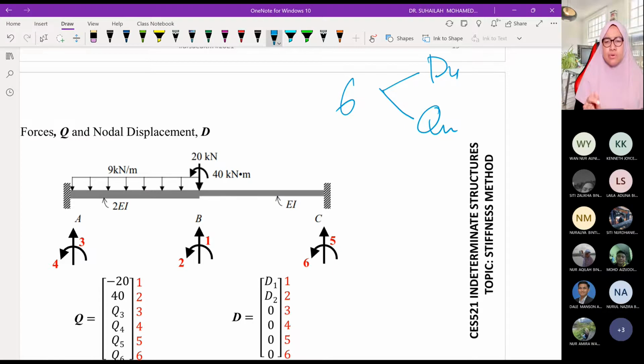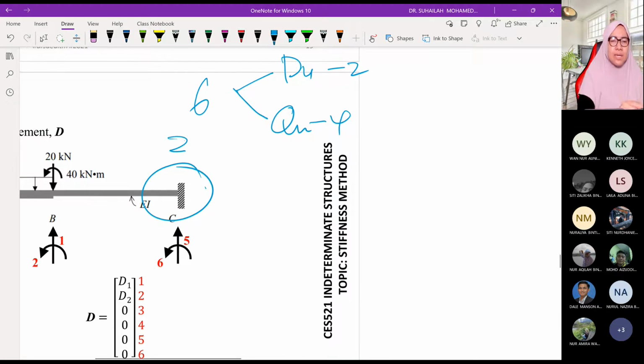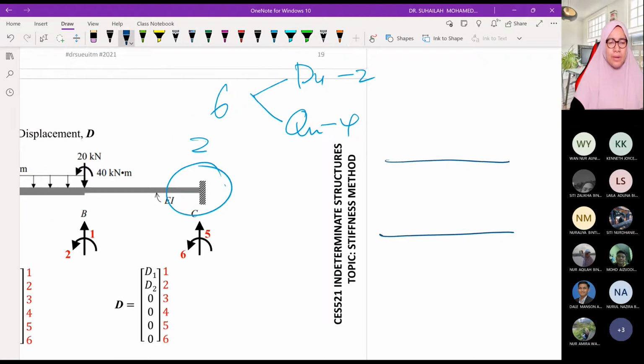QU is the unknown reaction. Look at the supports. Here we count 2, here we count 2, so that is 4, and there are 2 remaining. But when we sketch separately, we will see it more clearly.